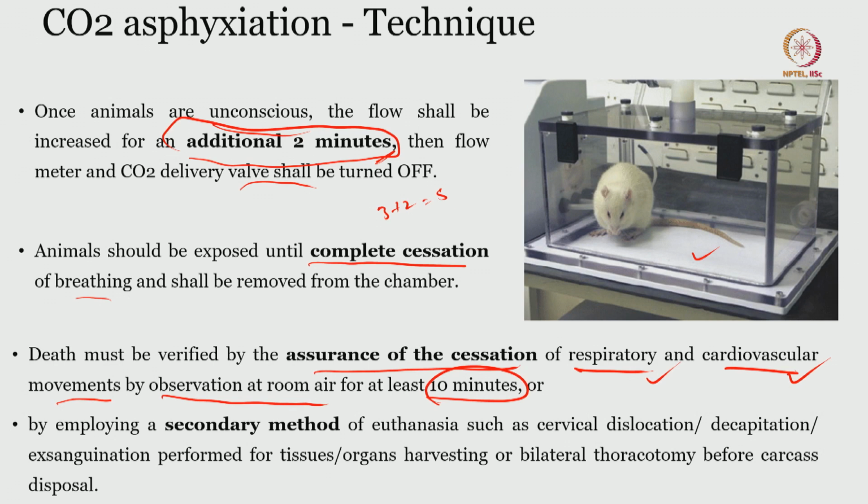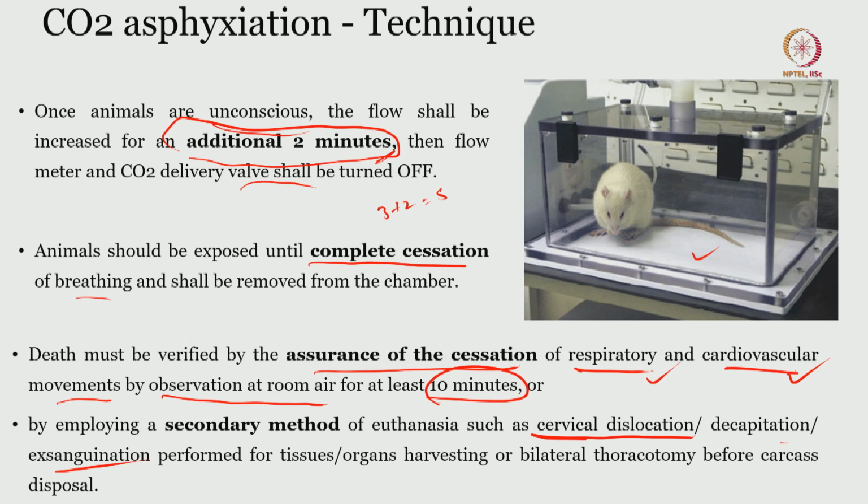Or there are secondary methods of euthanasia that you will be employing based on your project objectives or your protocol objectives, wherein cervical dislocation, decapitation, or exsanguination performed will ensure that the death is complete and the cessation of these respiratory and cardiovascular movements is complete. So, that is another way of doing it.